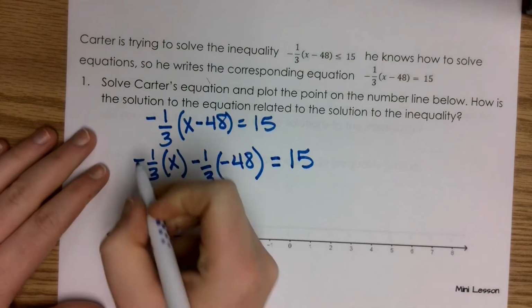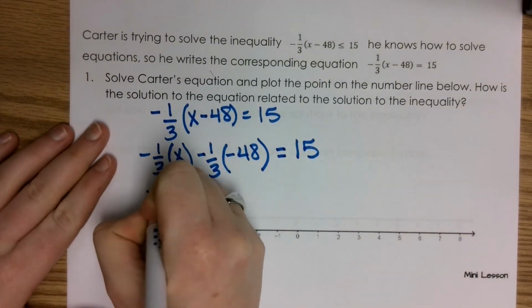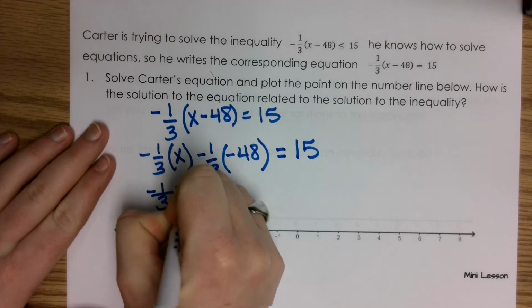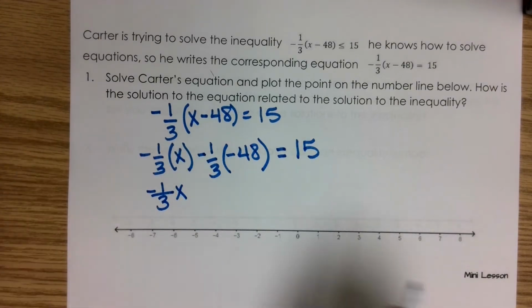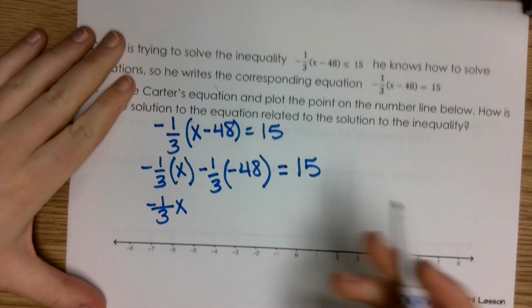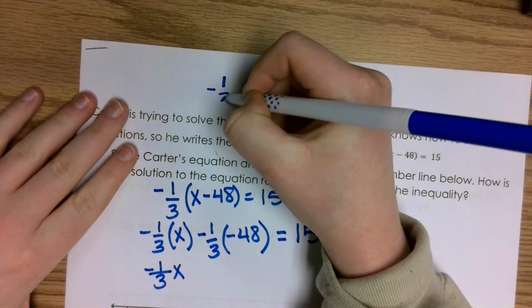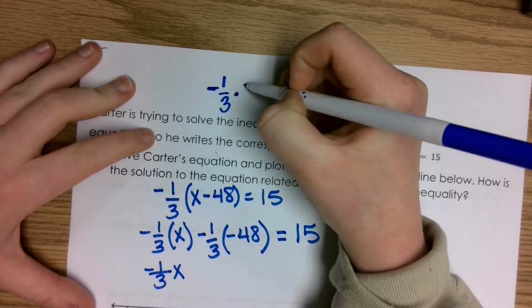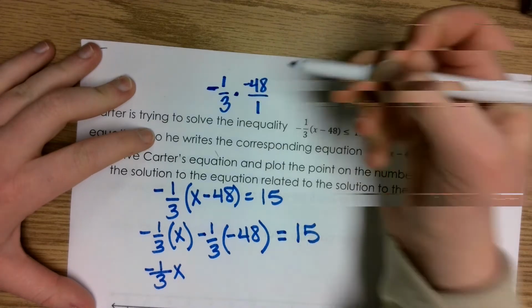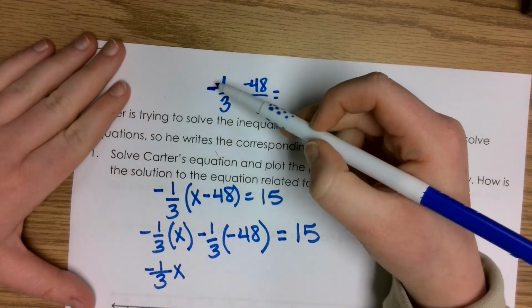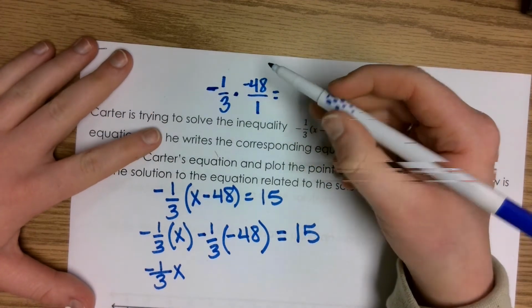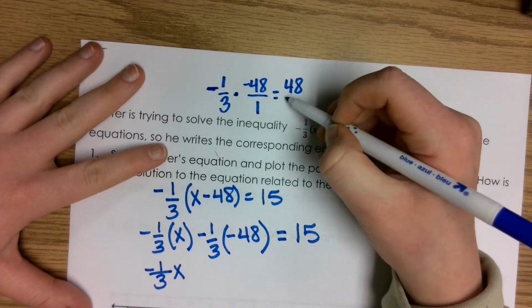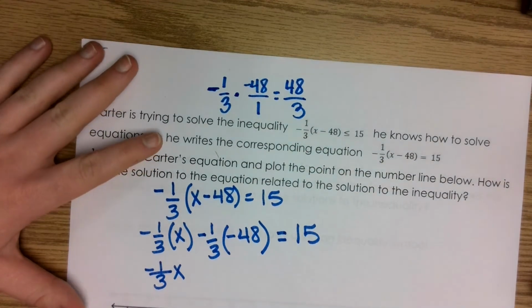Taking away a third of 48, we could write this up here real quick: negative 1/3, I'll put that negative symbol with the 1, times negative 48 over 1. I get negative 1 times negative 48 is a positive 48 over 3.